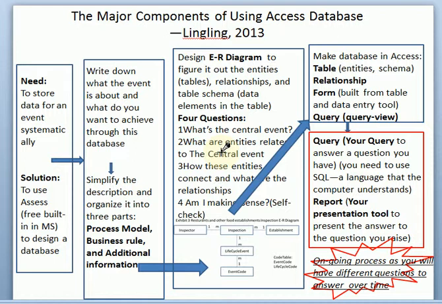Third is additional information. Additional information is information not critical for database design, but critical for the database polishment. After finishing the basic model, the polishment is to make it more end-user friendly.